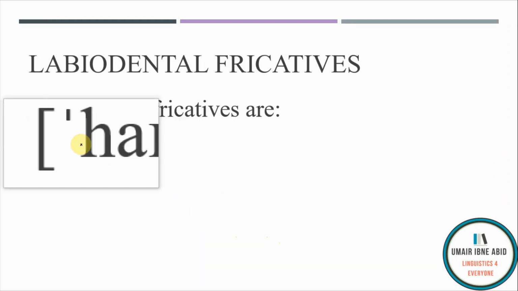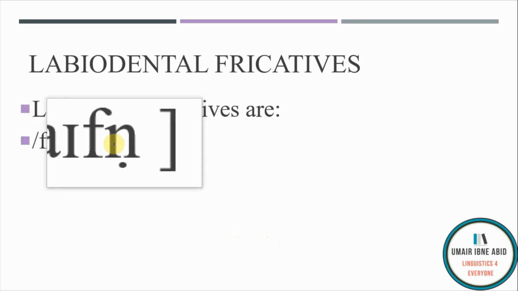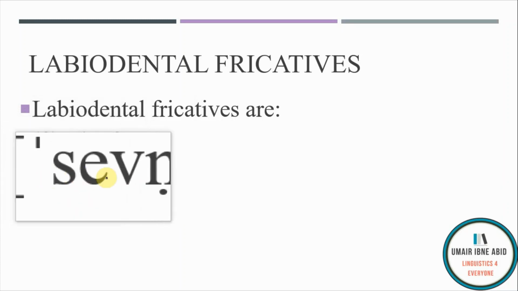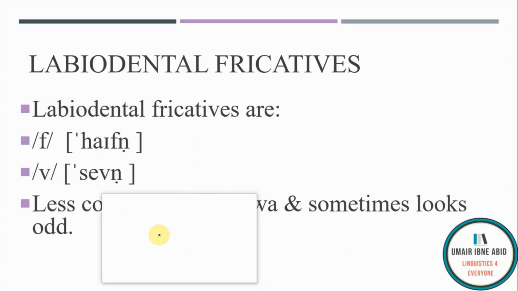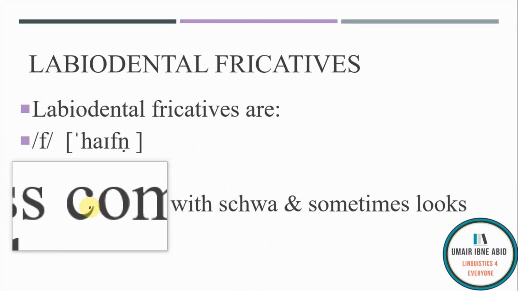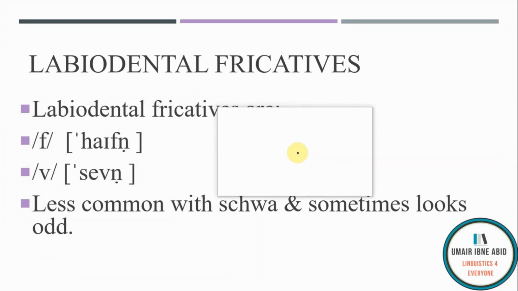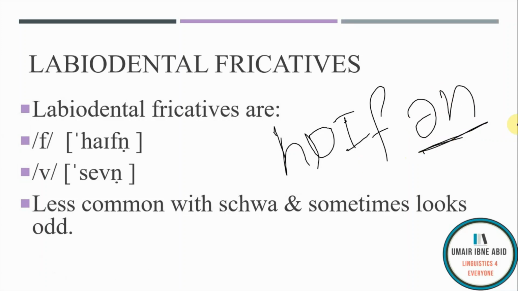So the first example is "hyphen". In hyphen we can see that n is once again syllabic. The other example is "seven". In seven, once again n is syllabic. And as we have talked, in such cases n may occur with a schwa sound, that is, hyphen could sometimes be pronounced with a schwa, but it looks odd.